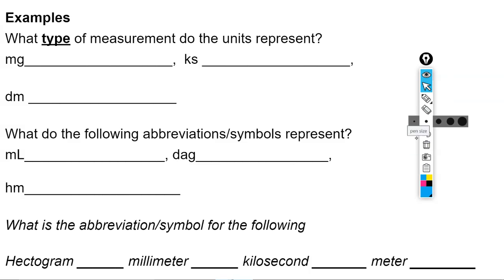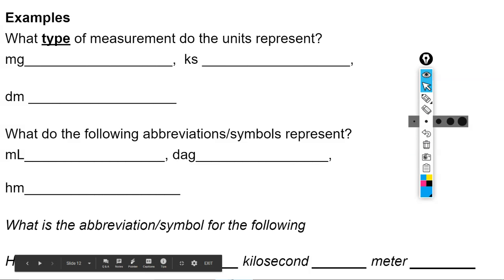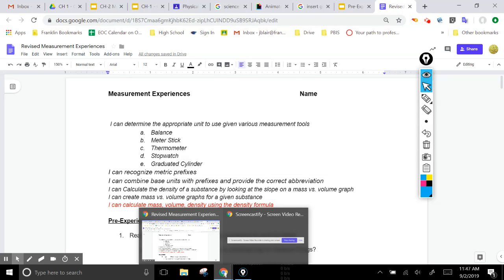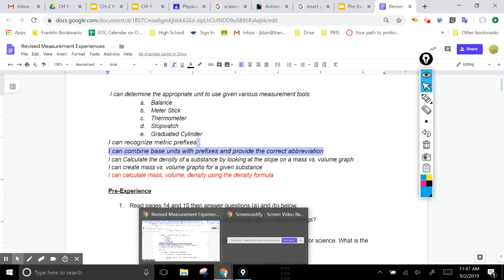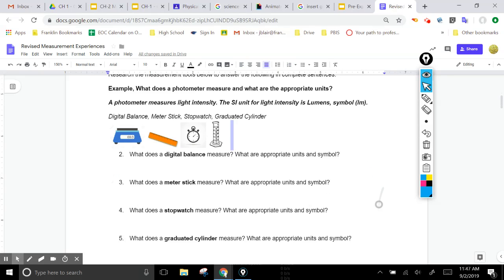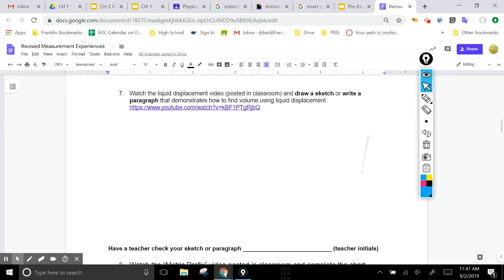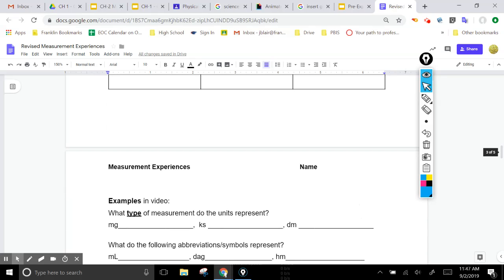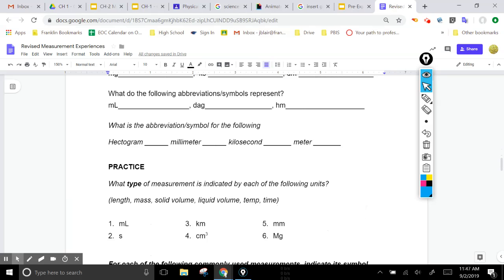Now, if we want to go back and look at your paper. This is the paper that you're working on, and you should be down here. You've already had that checked, and now you've filled in that table, and you did our example problems, and now you're ready to practice.